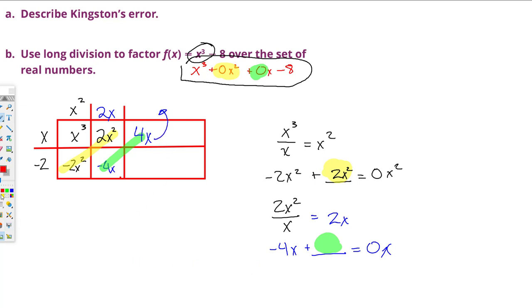By multiplying, because 4 times x equals 4x, so it'd be 4. And so coming down, I multiply. This number and this number match, so you're done. So my two parentheses would be x minus 2, x squared plus 2x plus 4.